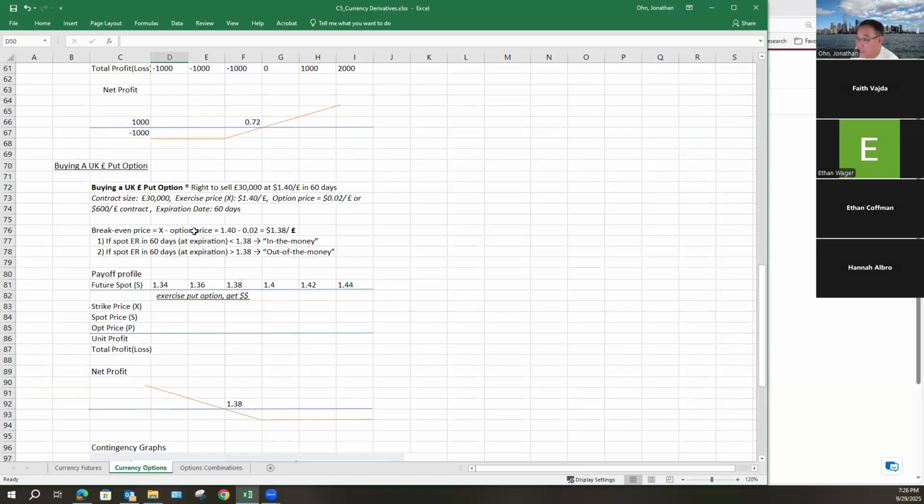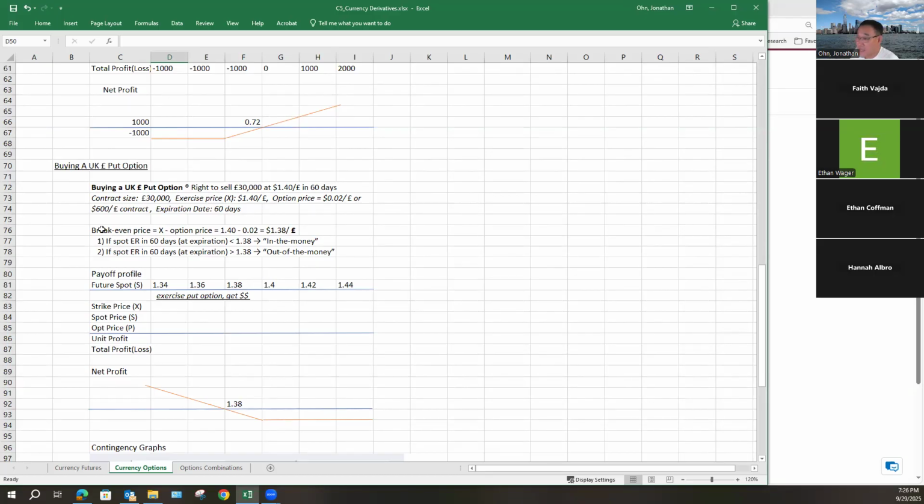So the option price is imposed not on you, but on somebody else who will buy British pounds from you, since you have the 30,000 pounds. Okay, so it is the right to sell.